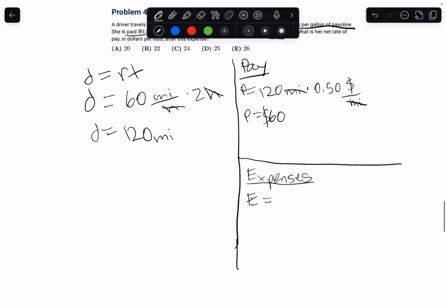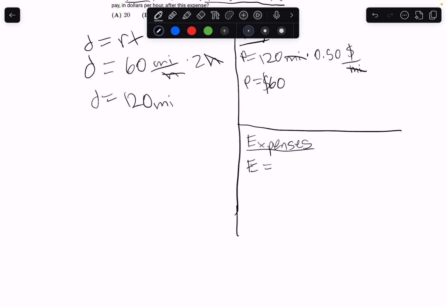She travels 120 miles, so gallons of gasoline equals 120 miles divided by 30 miles per gallon. So she uses 4 gallons of gasoline.